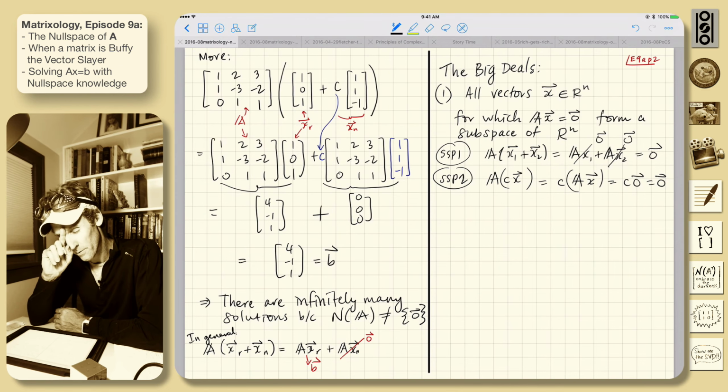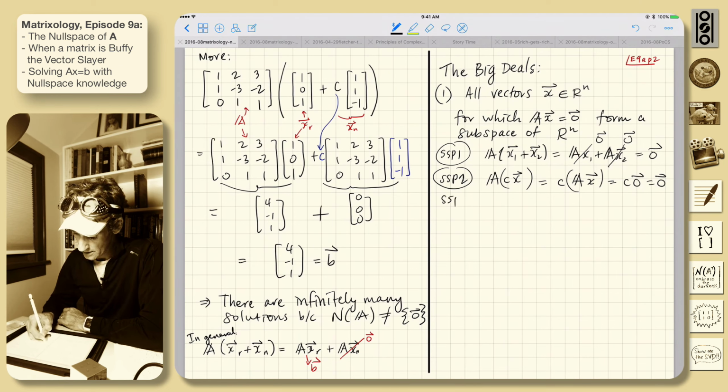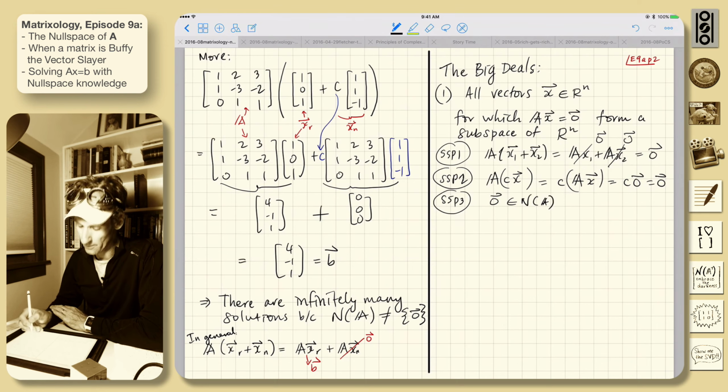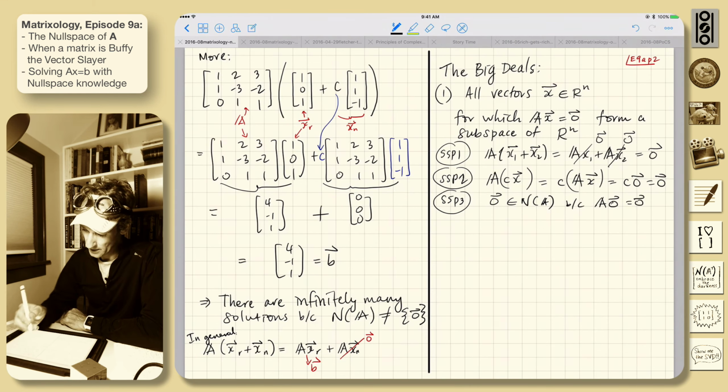Very important, it's the 0 vector, not the 0 number. Property 3 is 0 is in the null space of A because A times 0 equals 0. Great. So that's one big deal.